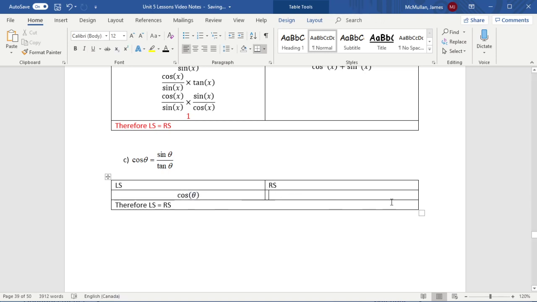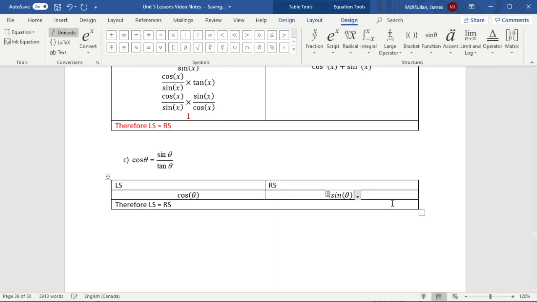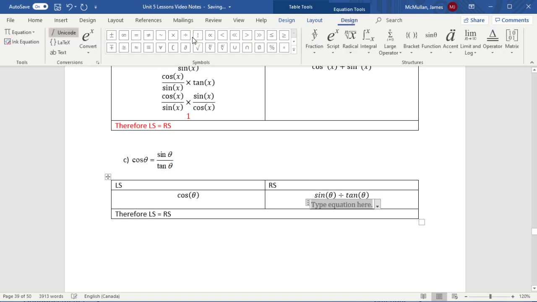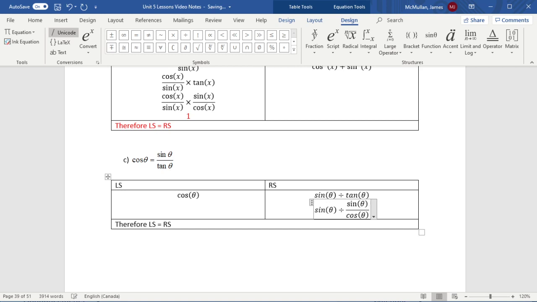Probably nothing I can do with cos theta. It's pretty simple, right? On the other side, I have sine theta, and then I'm going to write divided by tan theta. Okay? And I'm writing it like that because it reminds me that sine theta divided by, now remember, tan theta is sine theta over cos theta.